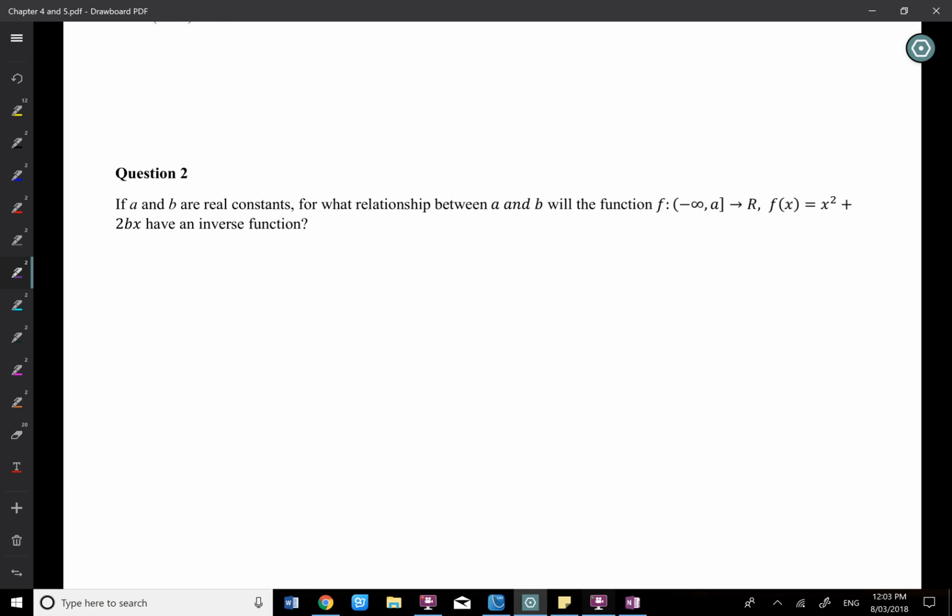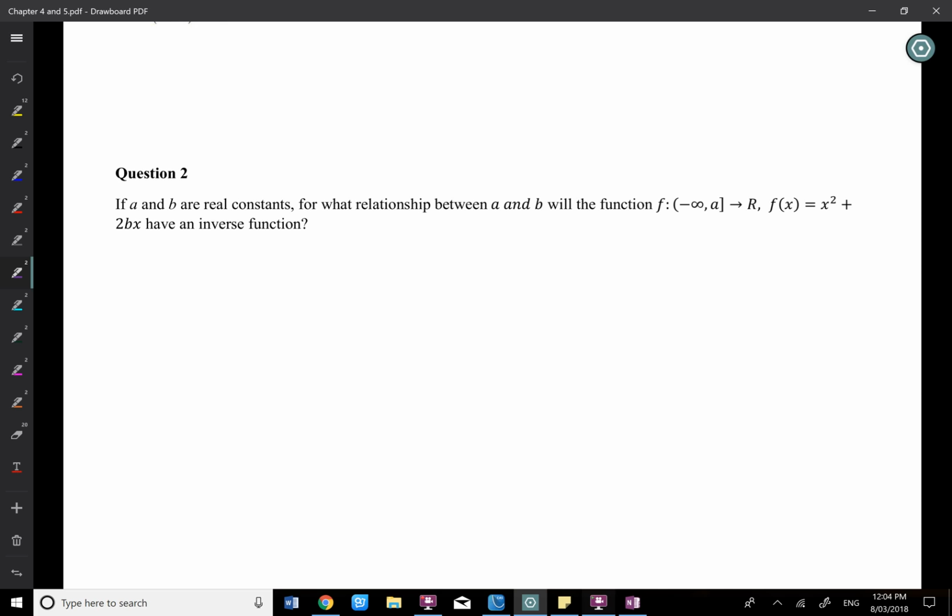For year 11, inverse function will focus on quadratic because that's the only harder function you learned, and you have the plus minus you need to talk about, and there's restricted domain you need to think about. So let's have a think. If a and b are real constants, for what relationship between a and b will this function have an inverse?